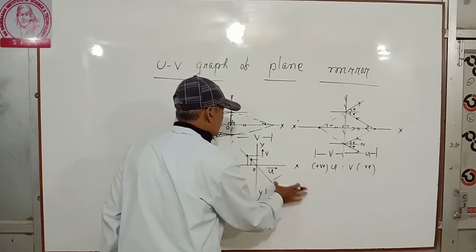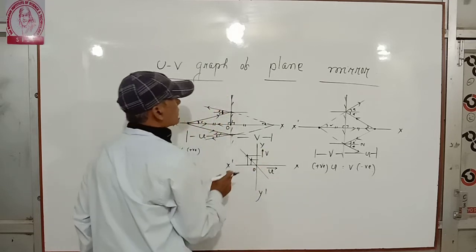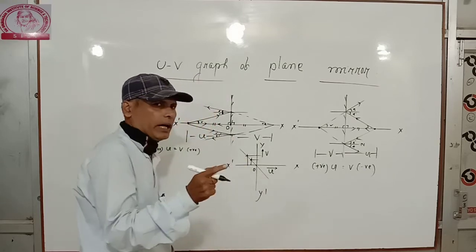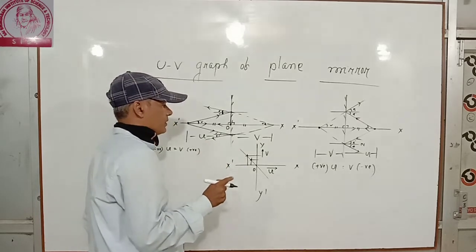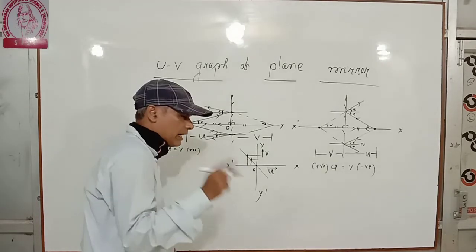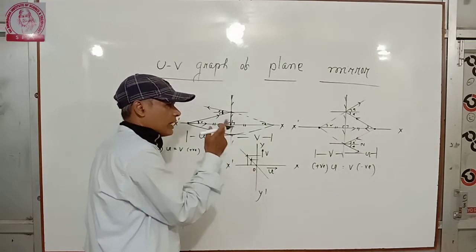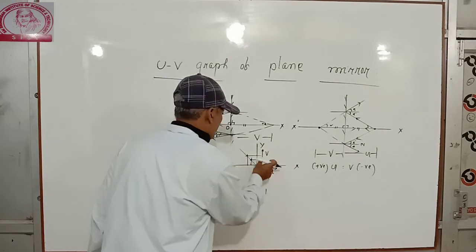The u-v graph in the case of a plane mirror is a straight line equally inclined to both the axes.